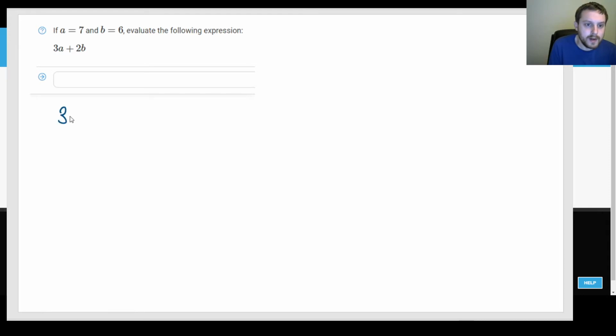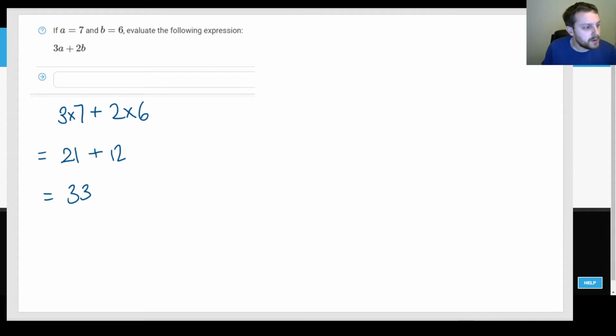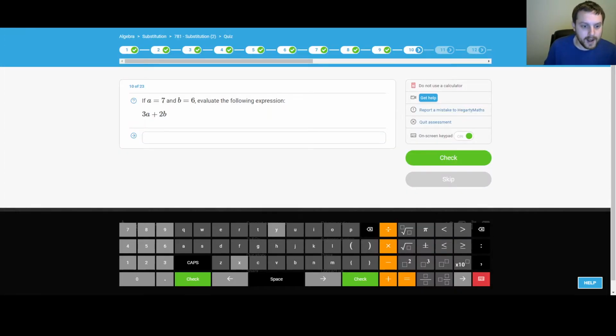So I have 3 times 7 add 2 times 6, because 3a is 3 times whatever a is, which is 3 times 7, and 2b is 2 times whatever b is, which will be 2 times 6 in this question. So I've got to do the multiplication first. So I do 3 times 7, which is 21, and I do the 2 times 6, which is 12, and I'm adding those up, and then that's 33. So I'm going to need to put 33 in for my answer.